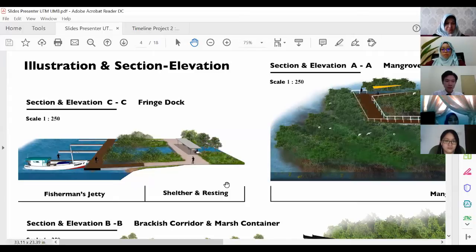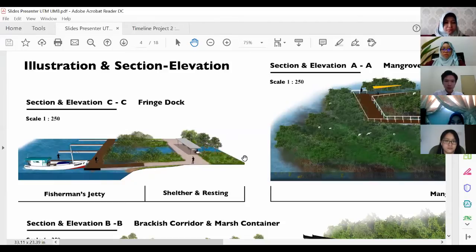You can see the upland here is slightly higher, then we go down the slope and connect to the fisherman jetty. There are a shelter and resting area provided for fishermen to take a break and rest.